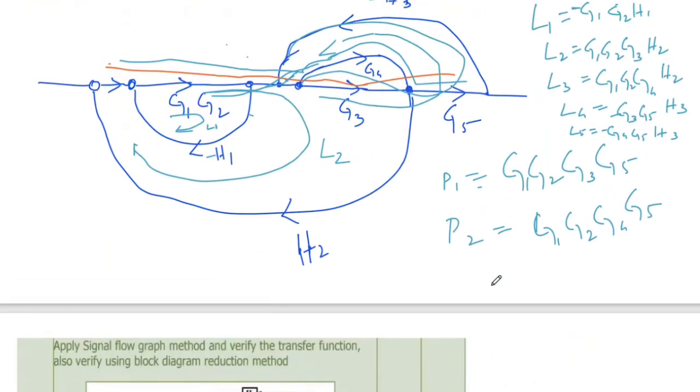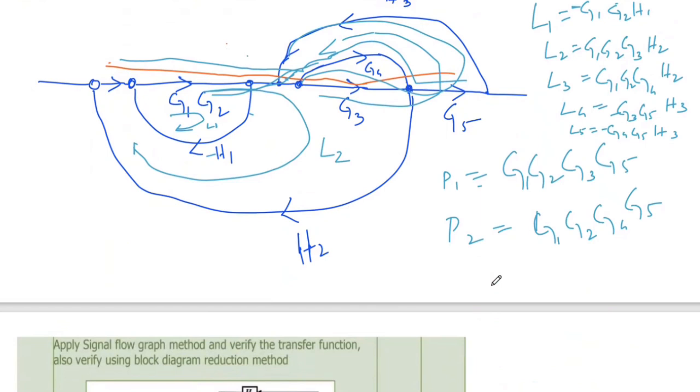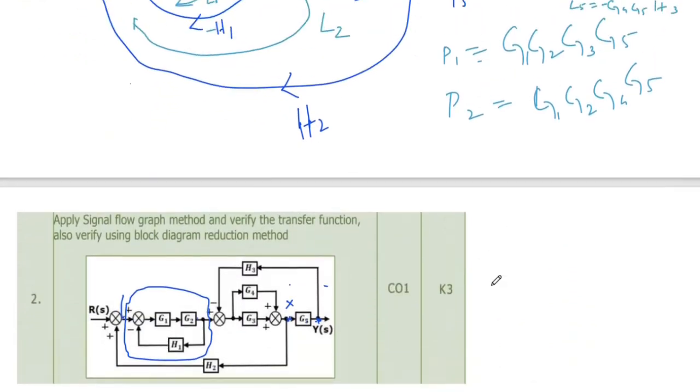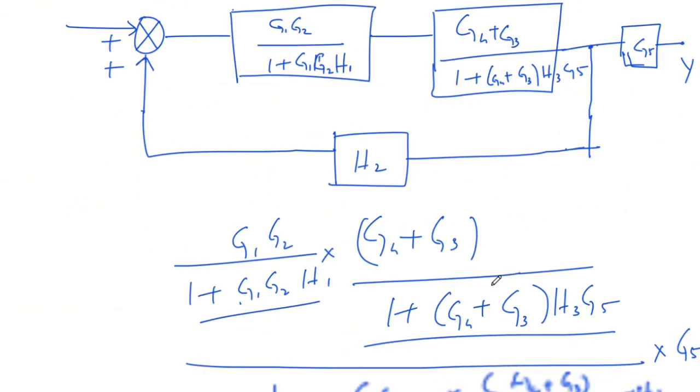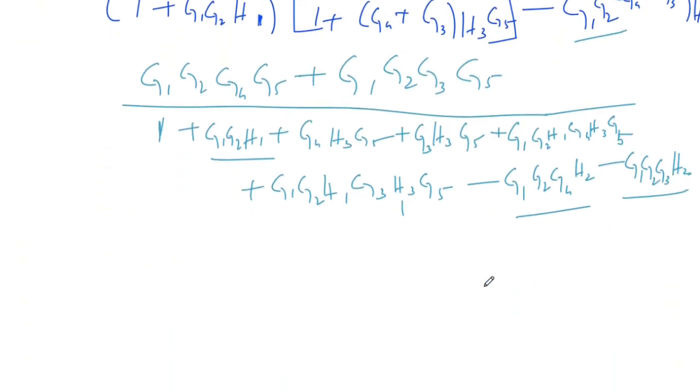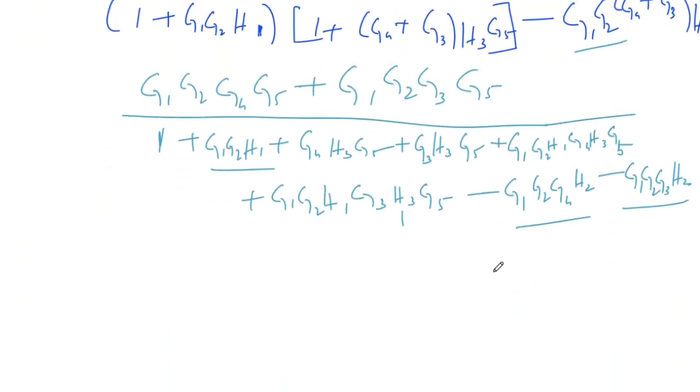L4 is minus G3 G5 H3, and G4 G5 H3. So you got L1, L2, L3, L4, L5.